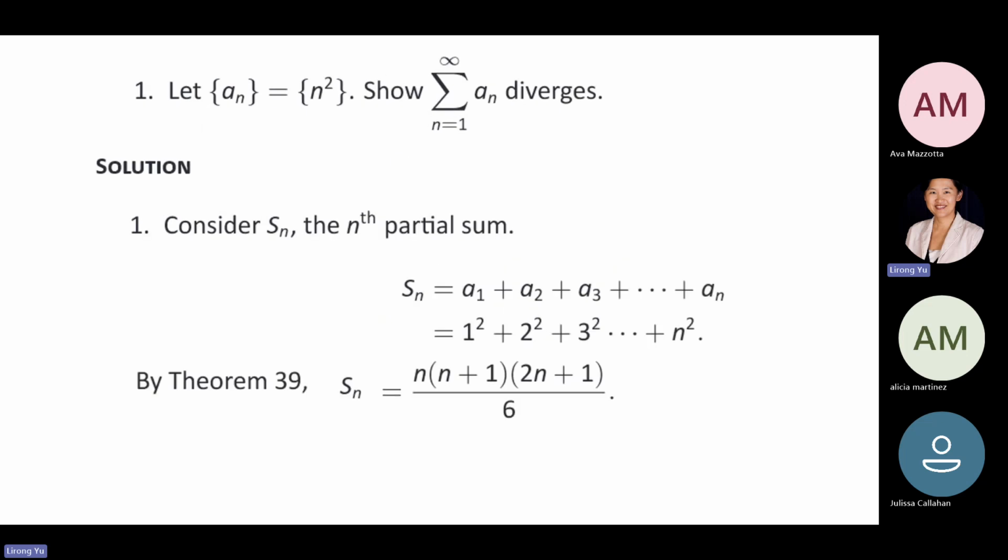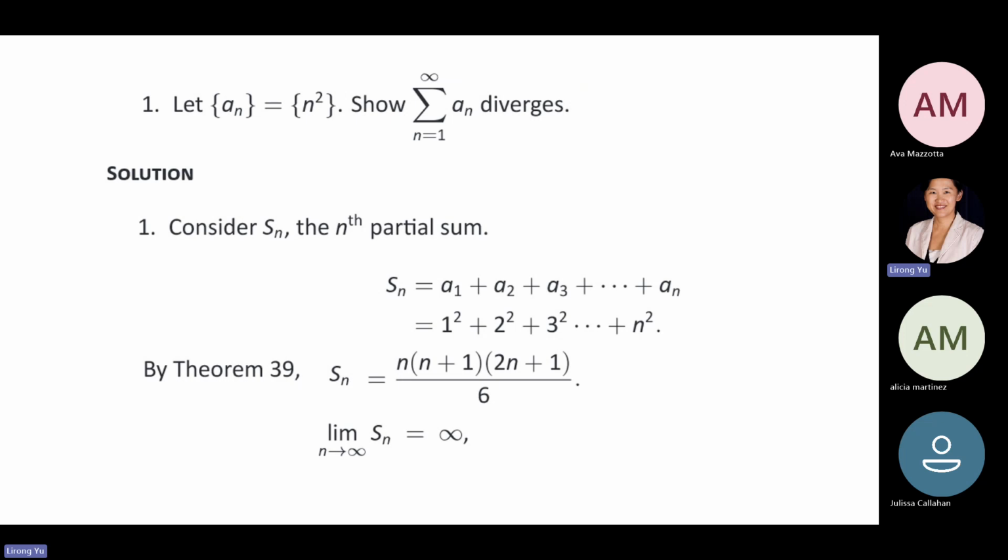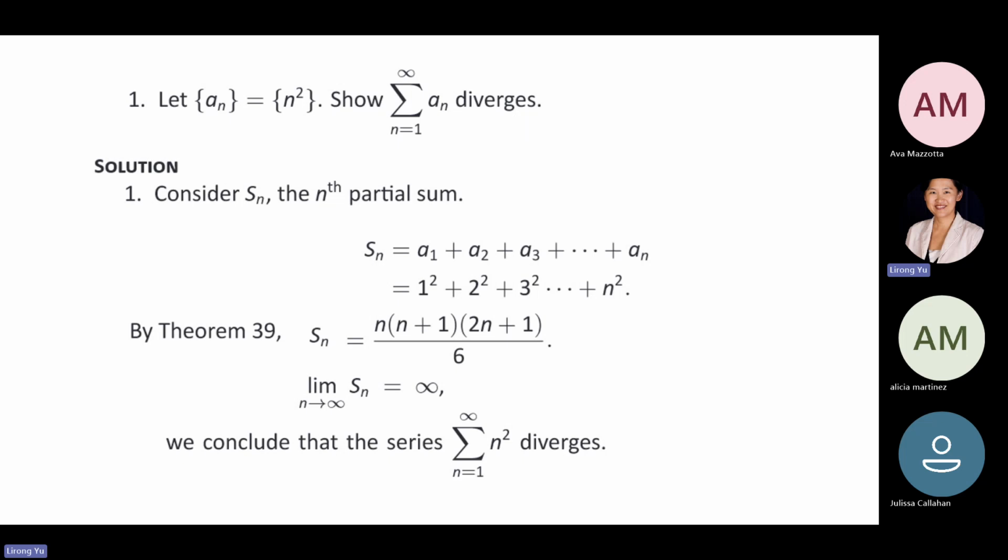For the first one, we look at the partial sum of adding the square numbers: 1 squared plus 2 squared plus 3 squared up to n squared. We have a summation formula, so it's actually a useful formula later on. Now this S_n when n goes to infinity equals infinity. Therefore, the infinite sum equals infinity. Therefore, it diverges. So that's the first situation when divergence happens to a series.